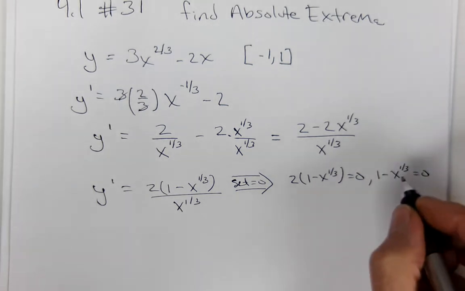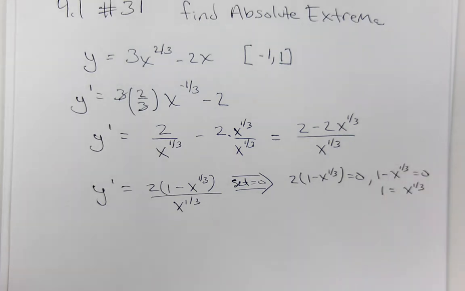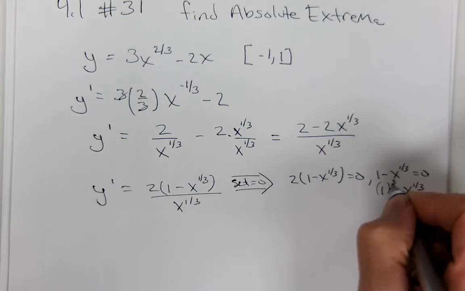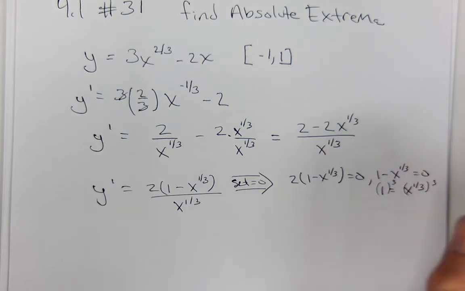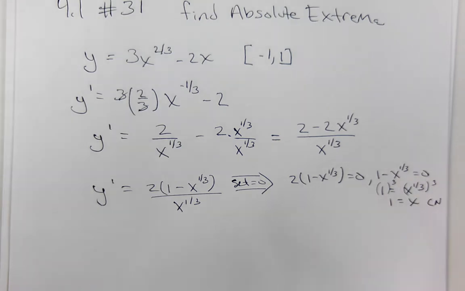Add x to the 1/3 to both sides. And then next you could cube root both sides. So raise it to the 3rd power, and you can already see what the answer is, but sometimes you can't. So we get 1 is equal to x, and that's a critical number because it causes the numerator of the first derivative to be 0, so the whole derivative would be worth 0.